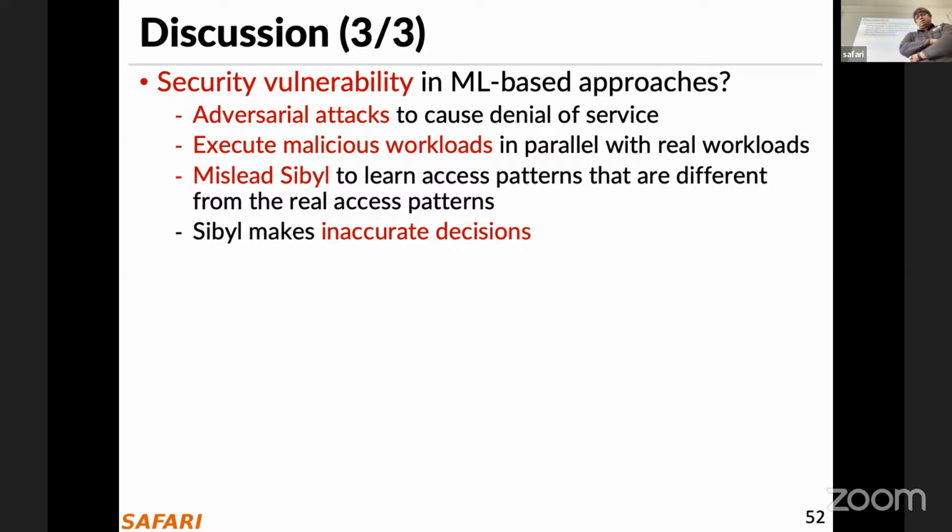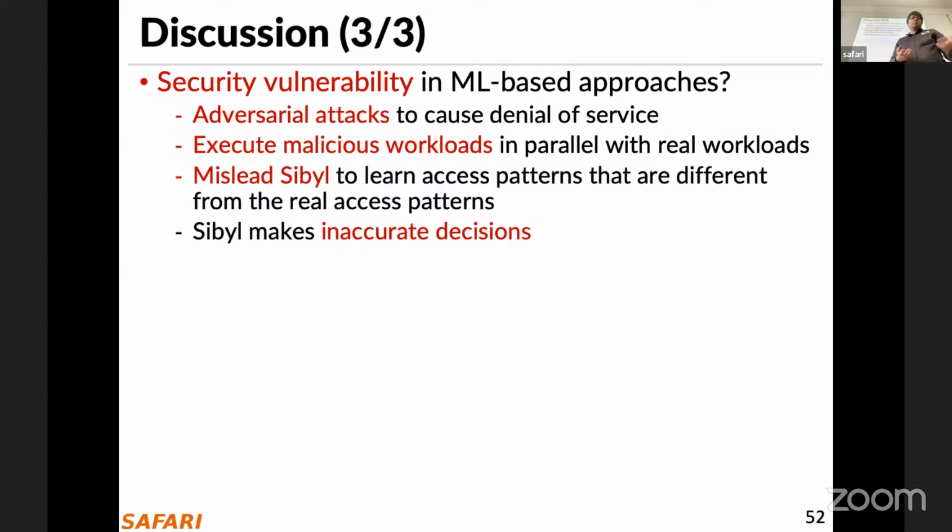And this is a very broad understanding of these kind of attacks, but I mean it's an ongoing area of research that people are looking at in the ML domain. But in a system like Sibyl, I think it's quite easy to cause this denial of service by just running a workload which is always accessing the data frequently, trying to write more and more data and accessing it.